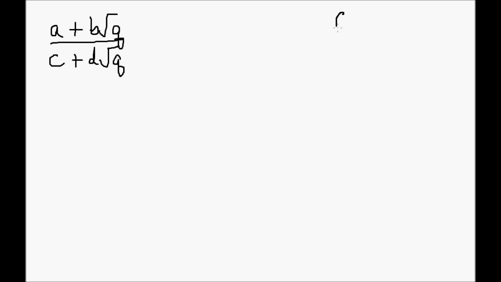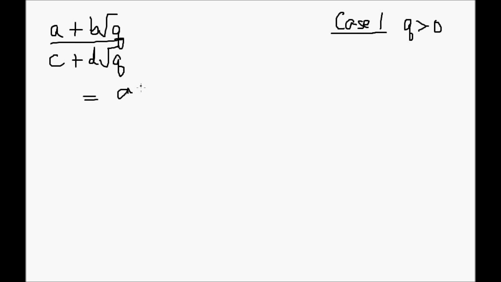So case 1 would be that q is a positive rational number. Then we multiply by the conjugate of the denominator.